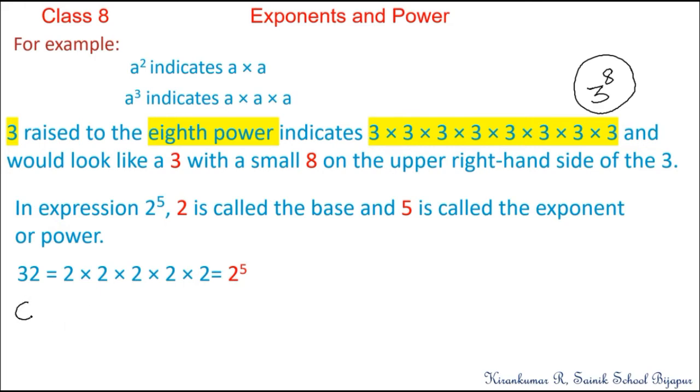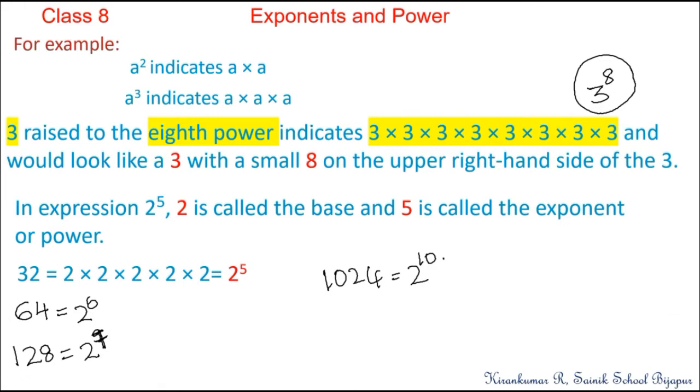Similarly, 64 is 2 raised to the power 6. 128 is 2 raised to the power 7. Same way, 1024 can be expressed as 2 raised to the power 10.